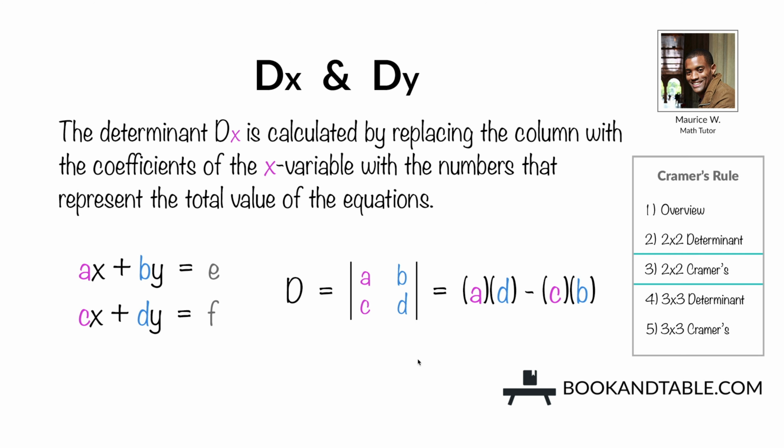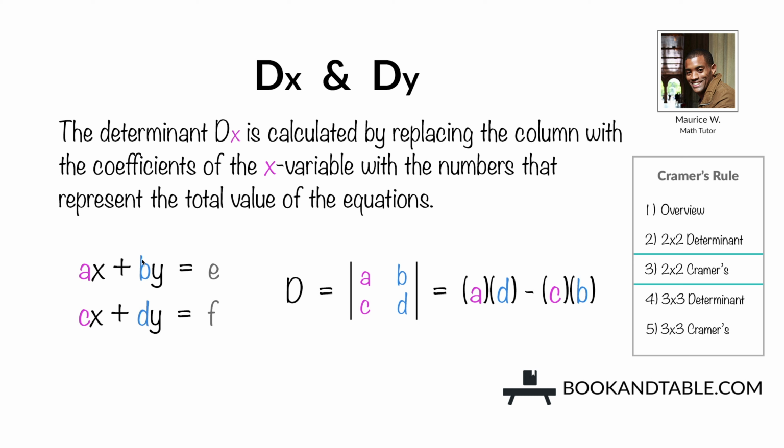The determinant Dx is calculated by replacing the column with the coefficients of the x variable with the numbers that represent the total value of the equations. So let's say we had ax plus by is equal to e as one equation, and cx plus dy is equal to f as the second equation. A, b, c, and d are the coefficients.